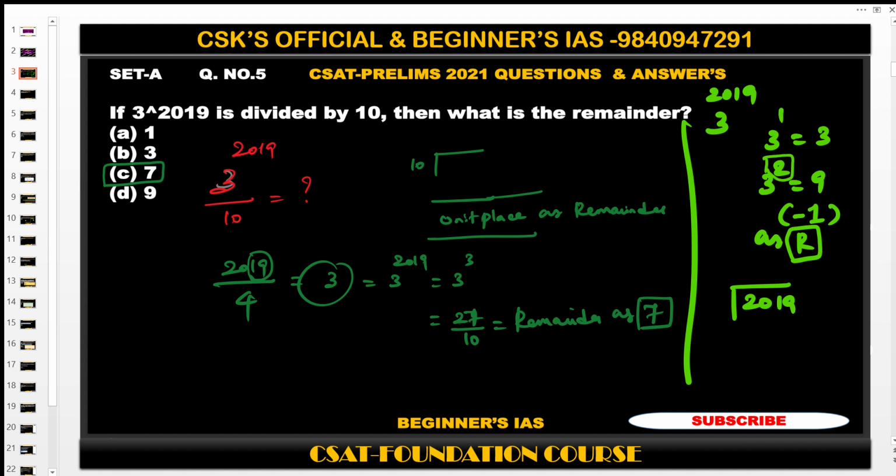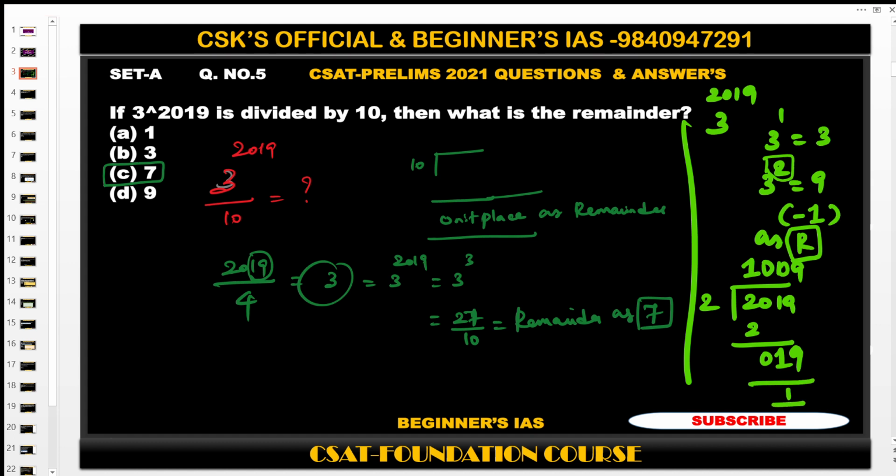The cyclicity here is 2. So divide 2019 by 2, which gives 1009 with remainder 1.